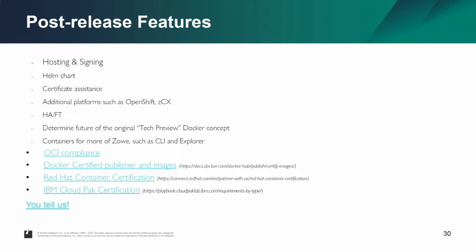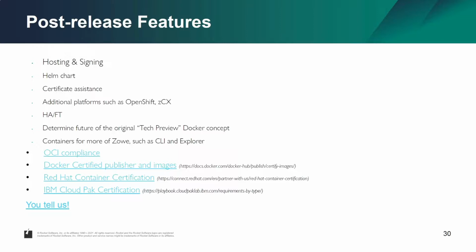Certificates, certificate authorities, the whole key store setup. There's always more ways in which we can educate and potentially automate how to set up certificates, especially in the Kubernetes environment. There are even other platforms for containers that we will target in the future, such as OpenShift and zCX.